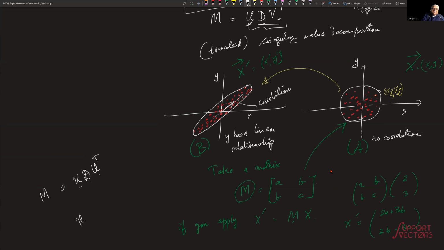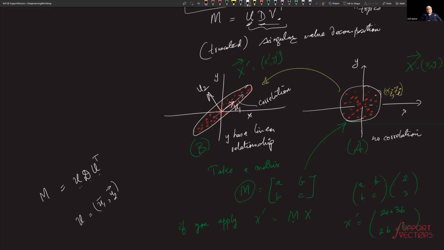Let me put some color here. Let me put the vector U1 and perpendicular vector U2. Can you see U1 and U2 here in this diagram? Yes. So U1 and U2 will be written in terms of X and Y. So two vectors will make the U matrix.